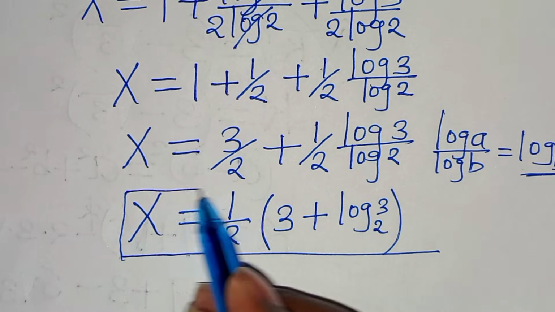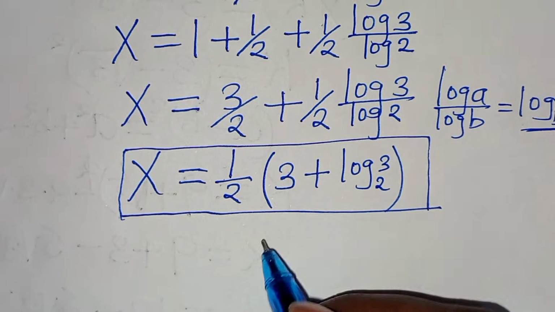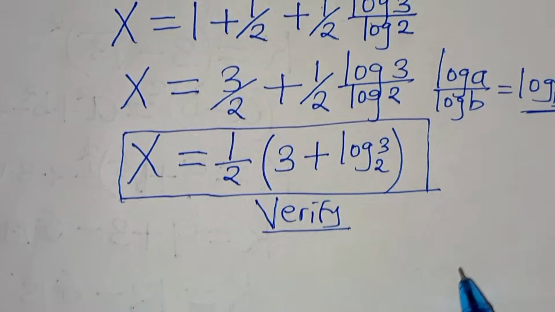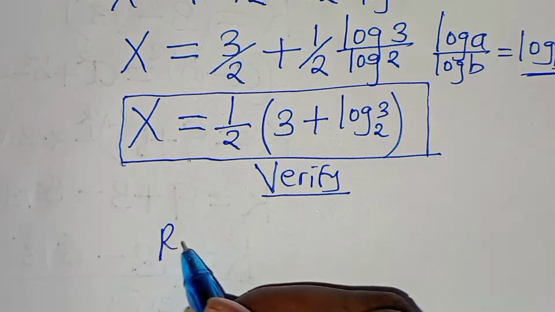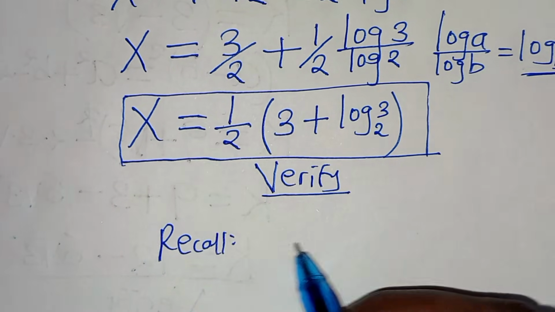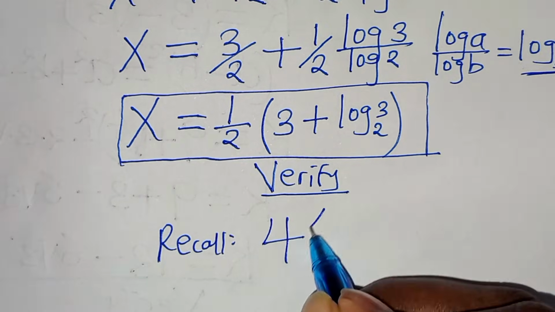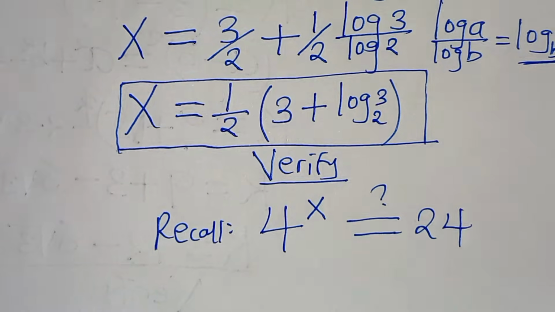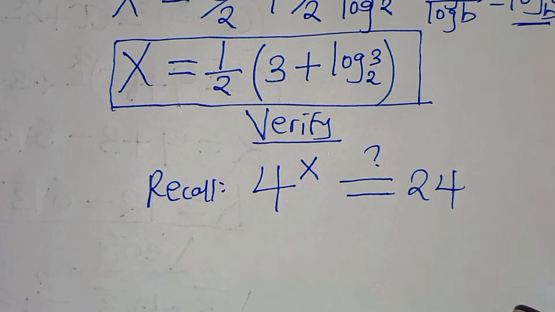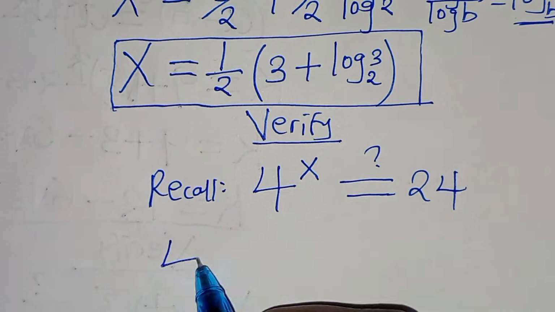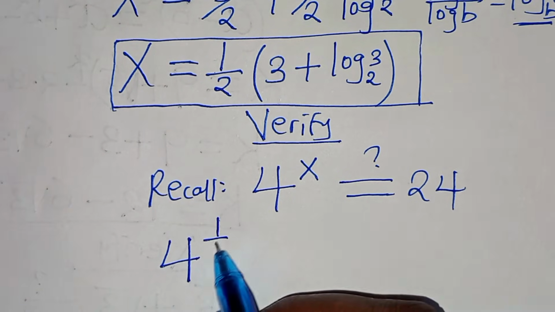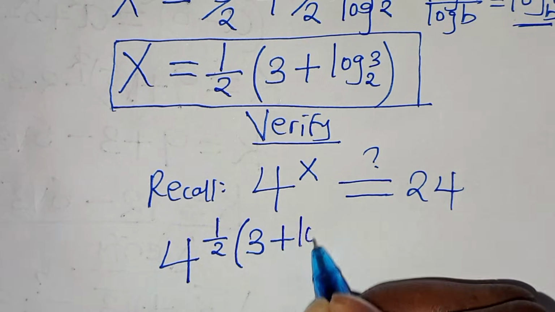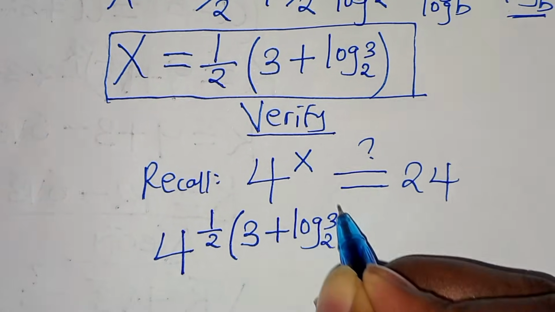The next step from here is to verify that this value of x satisfies the equation. So if you recall, we have that 4 to the power of x is supposed to give us a value of 24. Substituting x here, then we have 4 to the power of a half into the parentheses 3 plus log 3 to base 2.